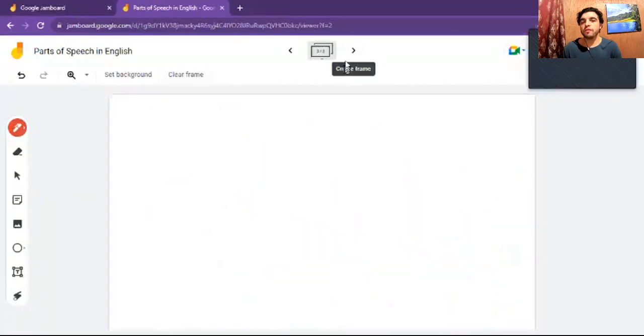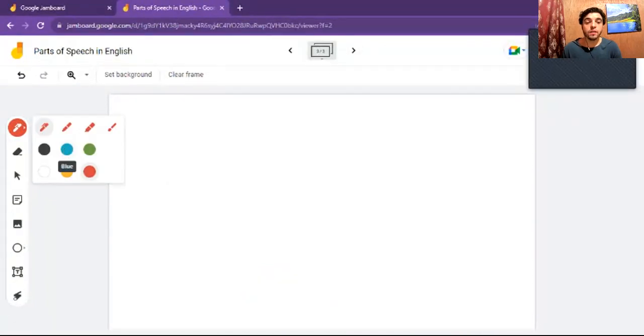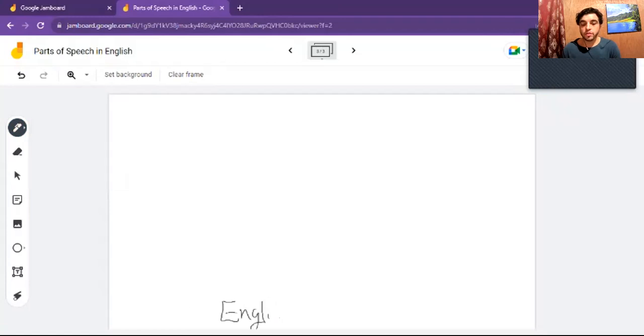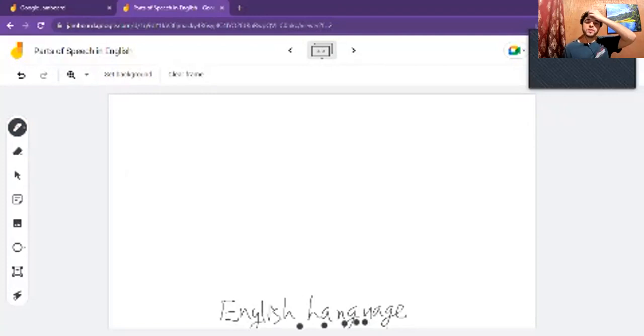So I want to draw a little diagram of all of this. We've got the English language, and I want to draw a diagram to help you understand these different parts of speech.